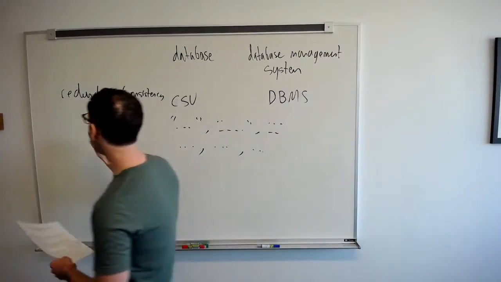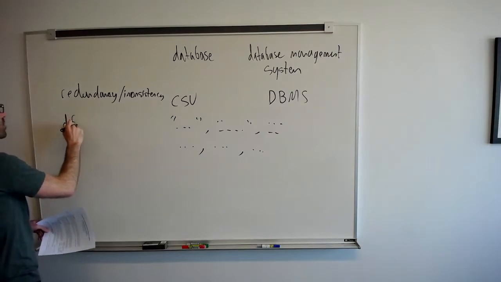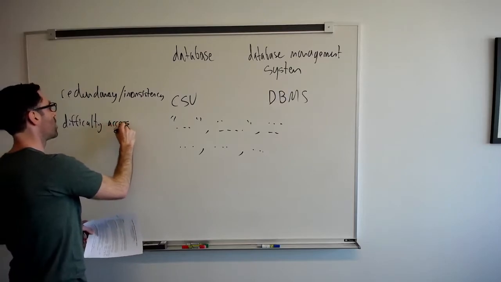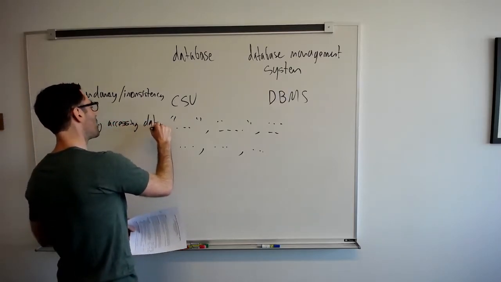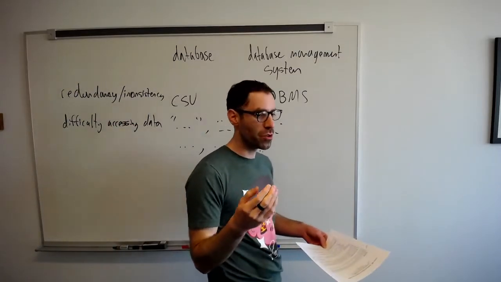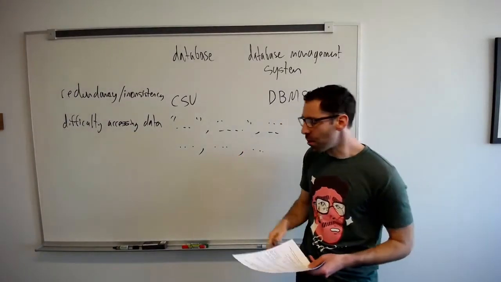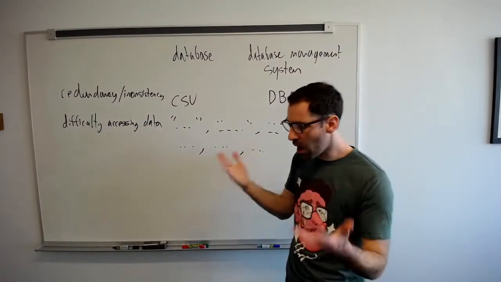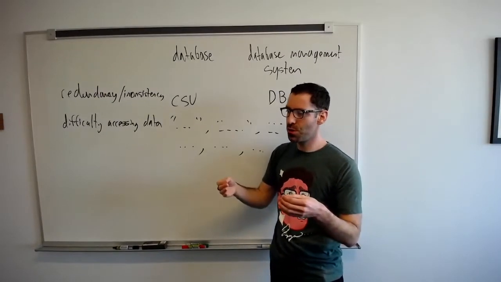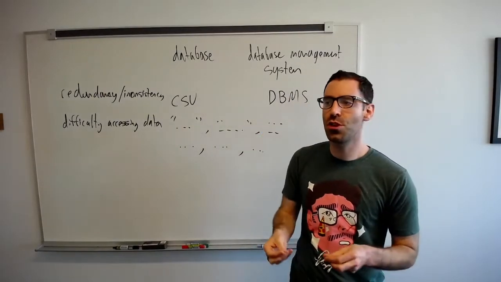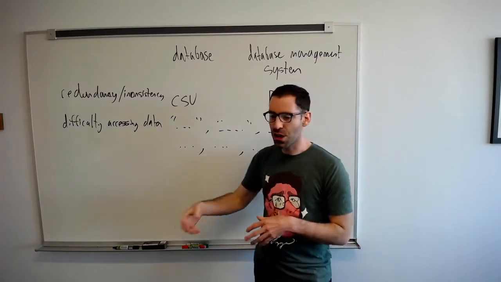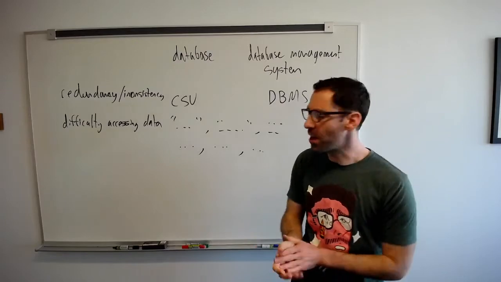Another issue we run into is that we might have difficulty accessing data. So let's say that someone in the alumni relations office wants to find all the students who live in a particular zip code, maybe connecting students to local alumni, something like that.